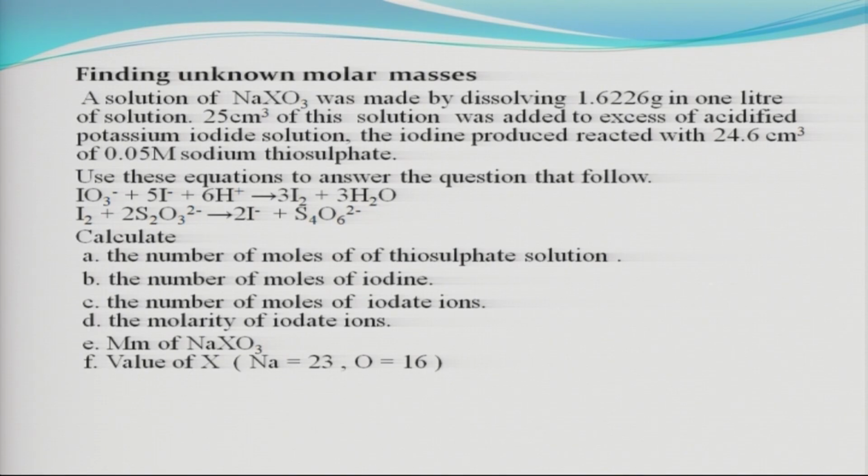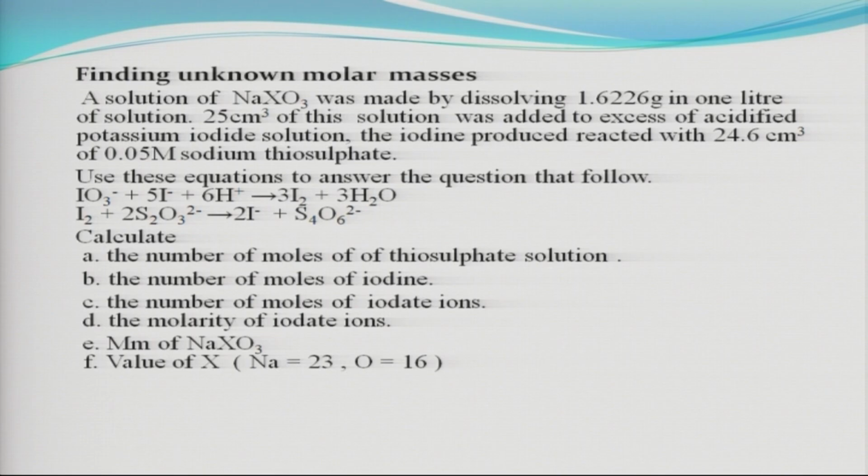Then 25 cm³ of this solution was added to excess acidified potassium iodide. The iodine produced reacted with 24.6 cm³ of 0.05 M sodium thiosulfate.